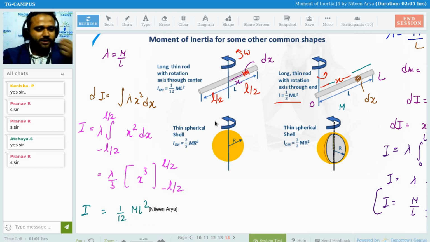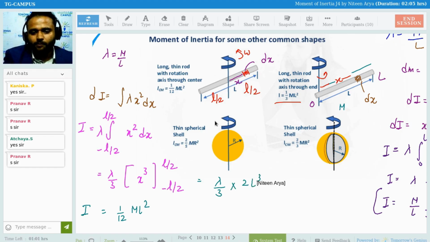Why so? As you can see, this is going to be L to the power 3 divided by 8, minus minus, because the cube of a negative gives a negative, and the negative becomes positive. So this entire thing is going to be lambda by 3 into 2 L to the power 3 divided by 8. 8 threes are 24 and then 12.